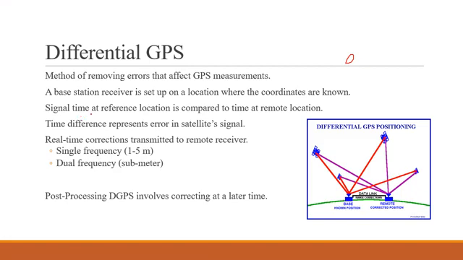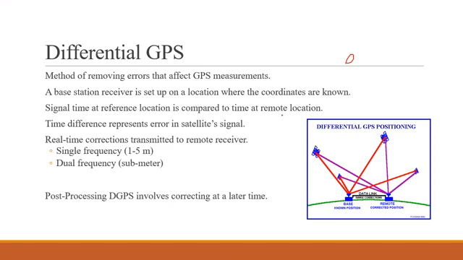Signal time at the reference location is compared to that at the remote location. The time difference represents error in the satellite signal. Real-time corrections are transmitted to remote receivers. Single frequency gives 1 to 5 meter accuracy, dual frequency sub-meter. Post-processing differential GPS involves correcting at a later time.